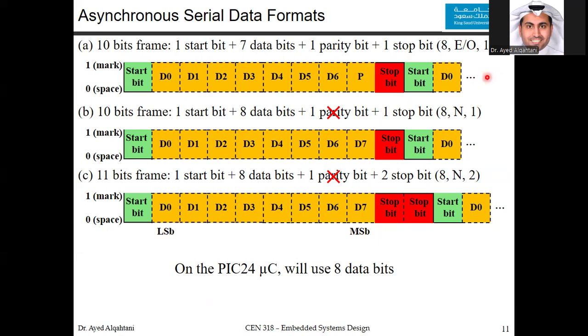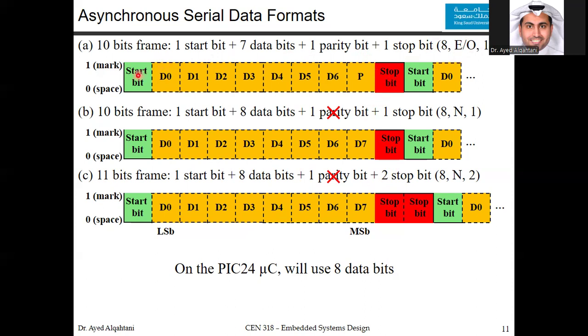The way to call it in short is 8, even, odd, 1. 8 means you have 8 bits for the data. Even and odd means that one of these data bits is actually parity. So you have D0 to D6 data and 1 parity. You know it only from this. And you have 1 here. It indicates that you have only a single stop bit.